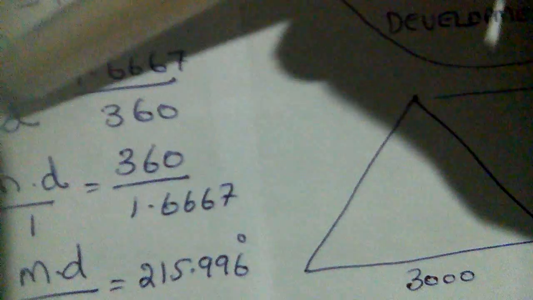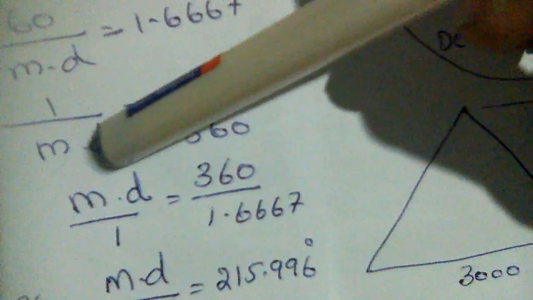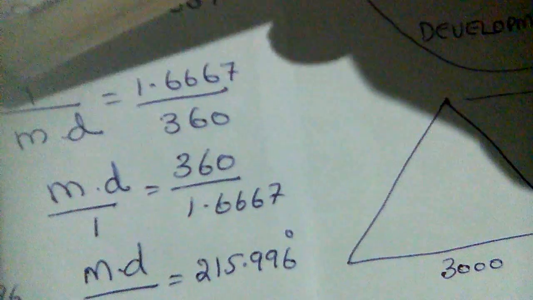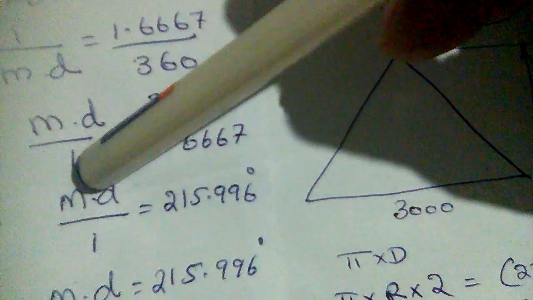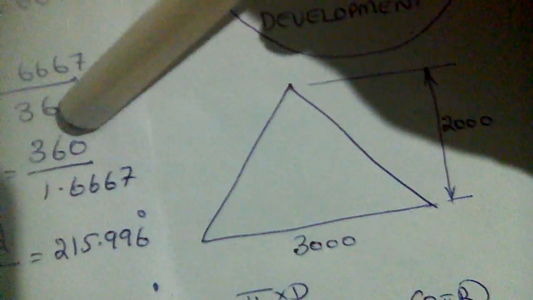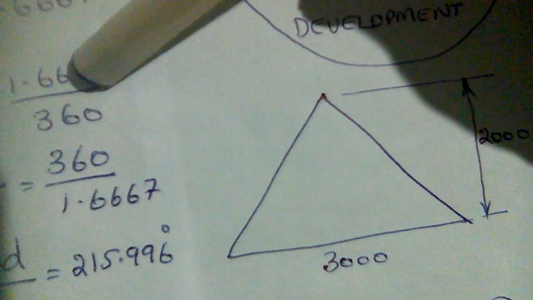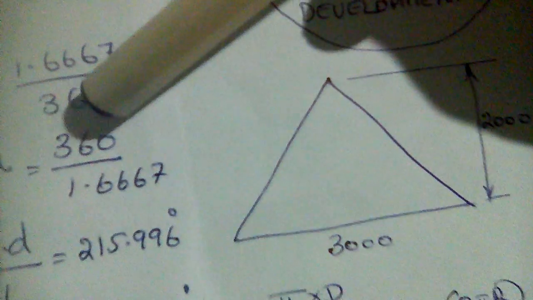But we don't want 1 by minor degree, we want minor degree. For that purpose we have to turn this one from top to bottom and bottom to top. So 1 by minor degree becomes minor degree by 1. If this is turned, this one also has to be turned. 1.6667 has to reach the downside and 360 has to reach the top side.